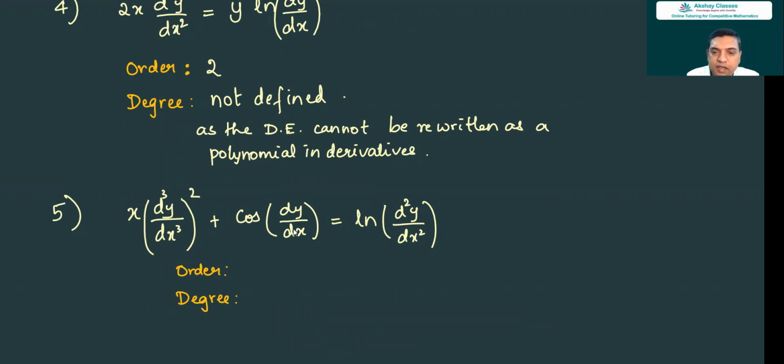Order: clearly dy by dx, d square y by dx square and d cube y by dx cube, so order is 3. Degree: you have a cosine term and a log term, cosine of the derivative, log of the derivative. It is impossible to remove them and write it in polynomial form of derivatives. So degree is not defined.